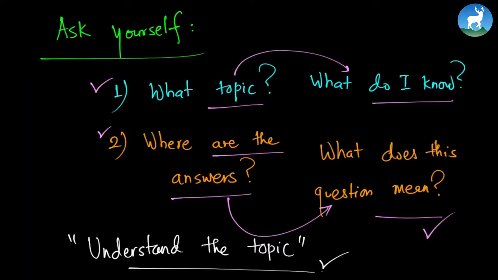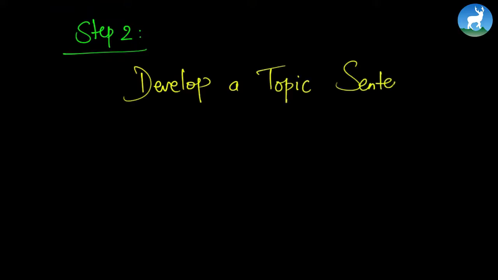Supposing that you have already understood the topic, we are now going to the second step of writing a good paragraph. So what is step number 2? Step number 2 is develop a topic sentence. Now what is a topic sentence? That's another question that should hit your mind.